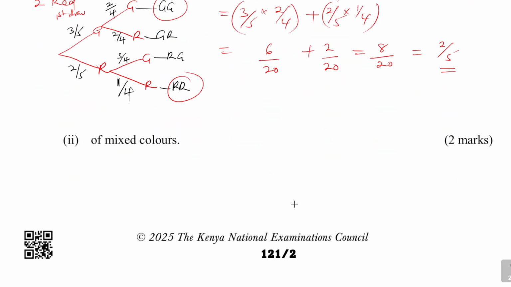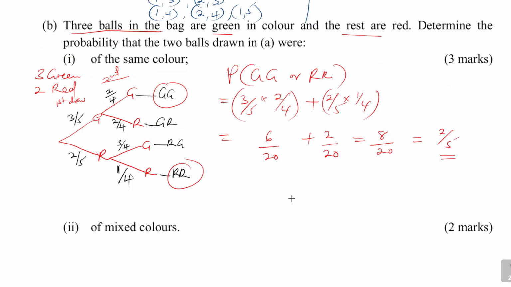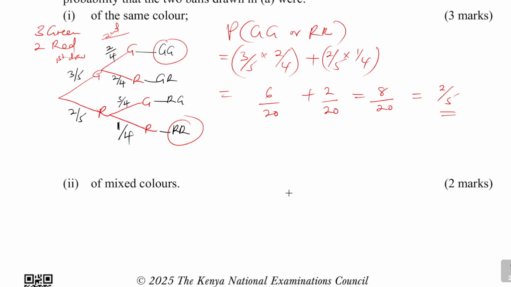Part 2 of mixed colors. The probability that the two balls drawn were of mixed colors. So all the mixed colors is the ones that are left. So mixed color means it will be green, red, or red, green. As simple as that. Mixed colors. So we take this branch, green, red will be 3/5 times 2/4.